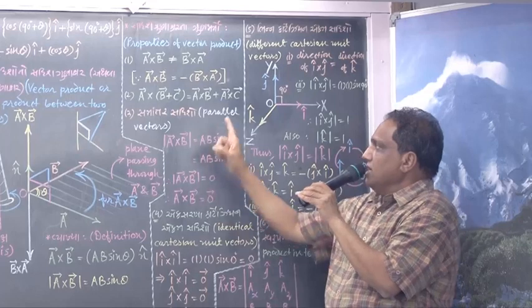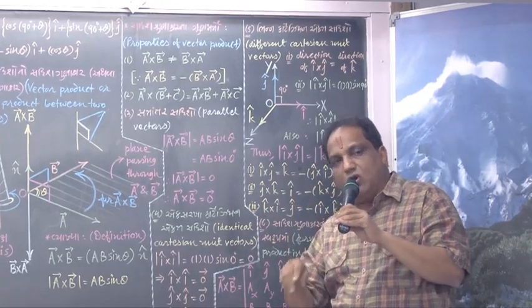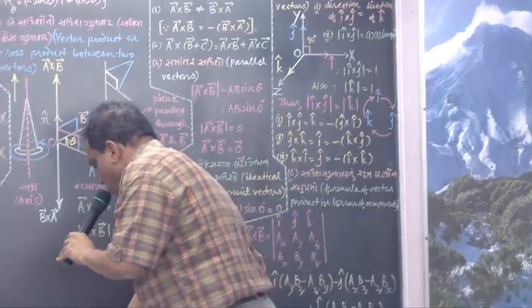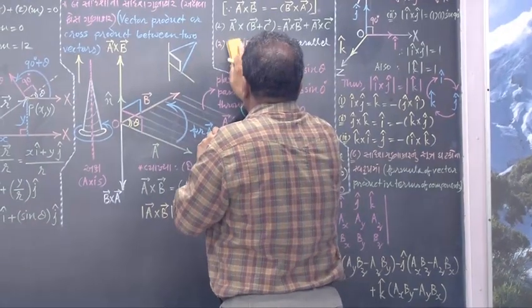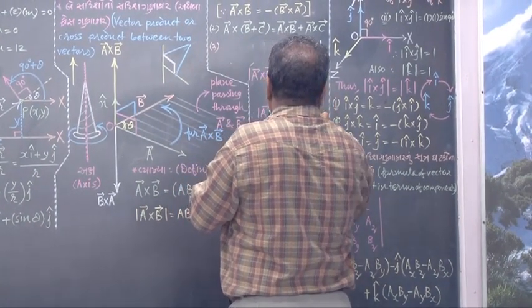Fine. Now what is the condition for two vectors to be either parallel or antiparallel?